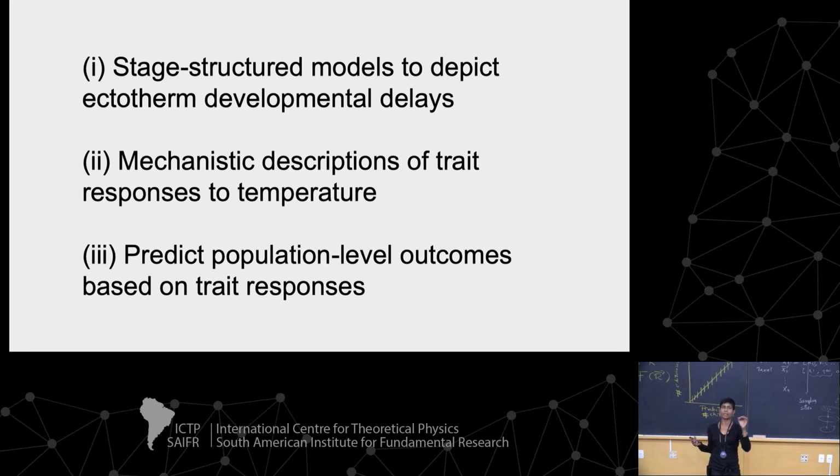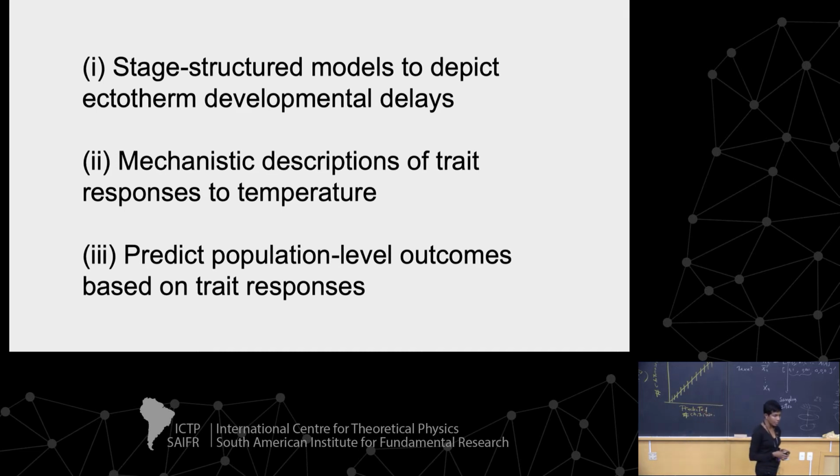They cannot adapt that quickly. If they cannot adapt on those time scales, what would be the outcome of these increases and changes in temperature regimes on those developmental delays, and how do those impacts then translate into population dynamics and species interactions? So that is the rationale.